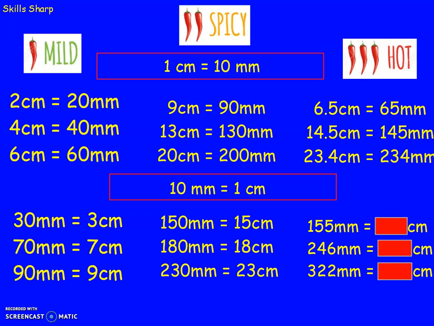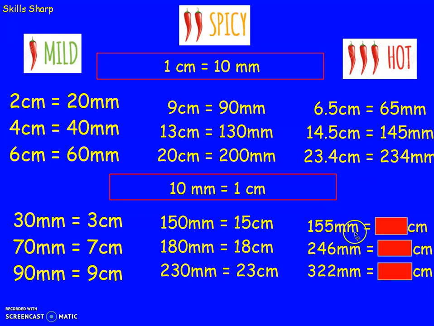Let's have a look at hot then. A little bit trickier because you're not just taking the 0 from the end of the millimetres. You're going to include a decimal point. Remember, your decimal point will only need to go one place because you're dividing by 10.